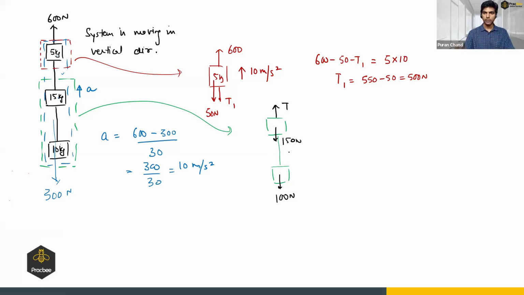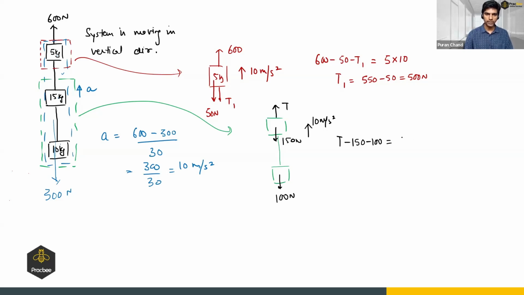Now this tension is internal to the system, so we don't have to show this tension, right? And it is going up with an acceleration of 10 meters per second square. So the net force in the direction of acceleration is T minus 150 minus 100, right?